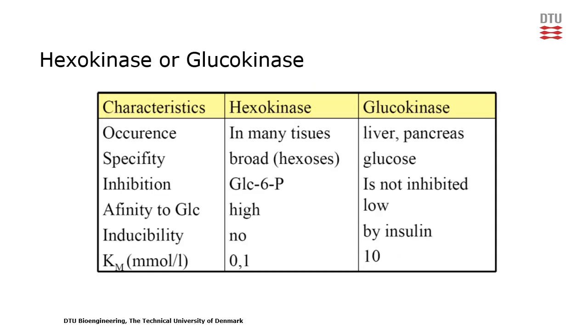The main difference is that you can see hexokinases are, it says here, in many tissues. It should actually say in all tissues, because hexokinases are also present in liver and pancreas, whereas the glucokinase is only found in liver and pancreas. So here you see an example of orthologous enzymes that are expressed differently throughout our body.